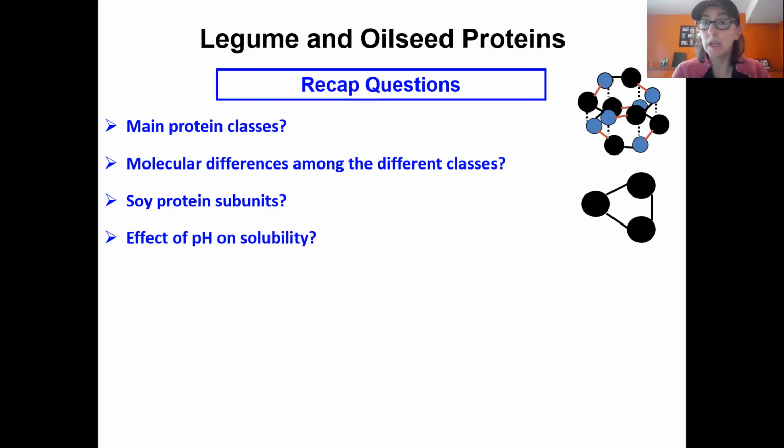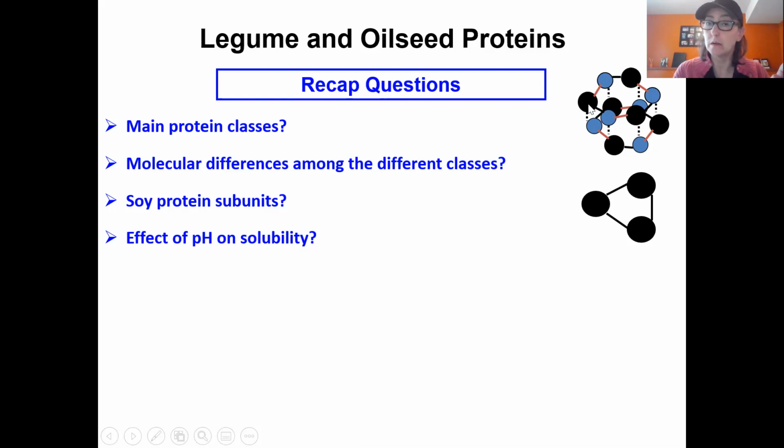The 11S forms a hexamer, and the hexamer is made up of two trimers associated together by hydrogen bonding and hydrophilic interactions. In each trimer, you have three monomers. Each monomer is made up of the acidic and the basic subunits.